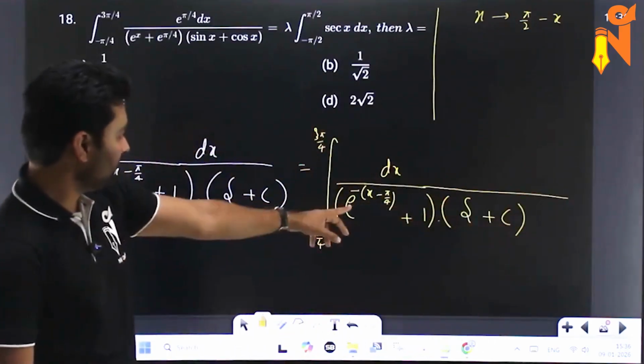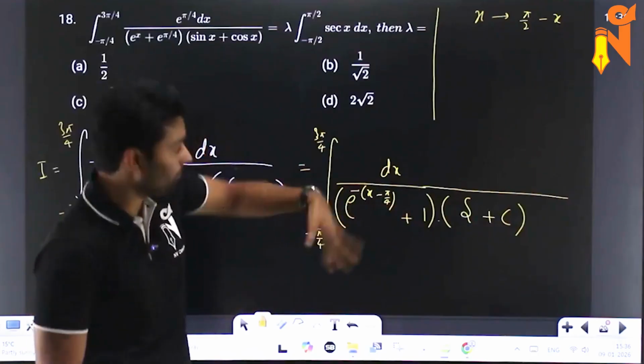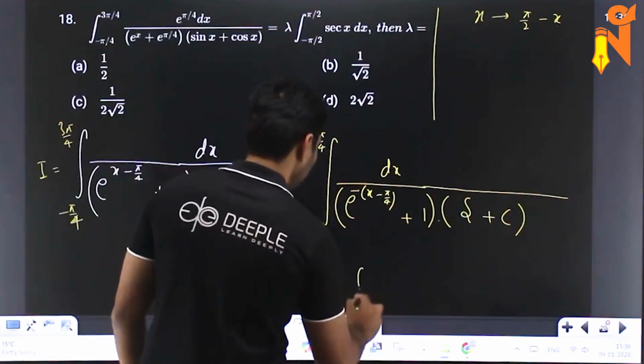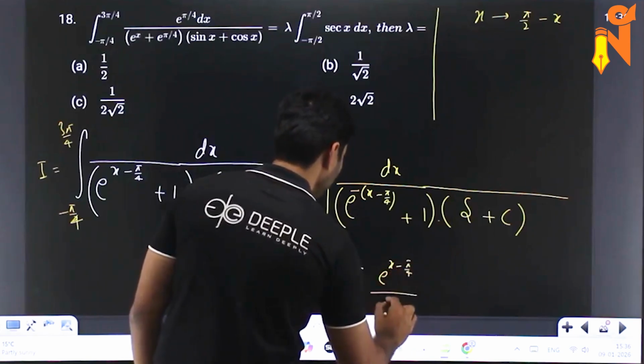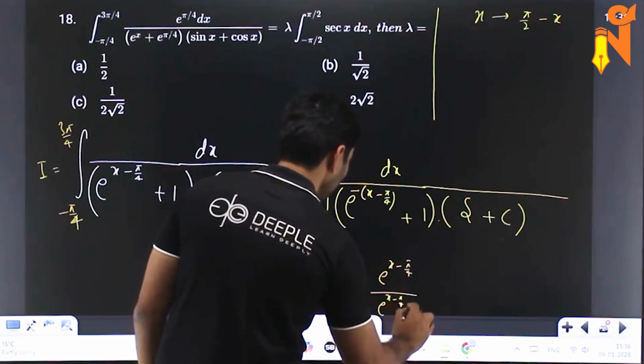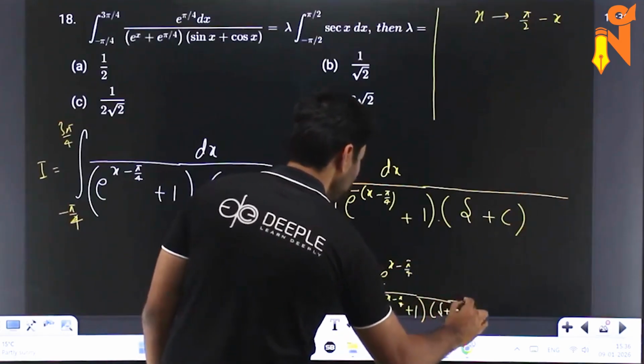This is still the same expression. So if you observe here, 1 by this, take LCM, so this will go up. So at the end you will get e power (x minus pi by 4) upon e power (x minus pi by 4) plus 1, into sine plus cos. I hope this is clear.